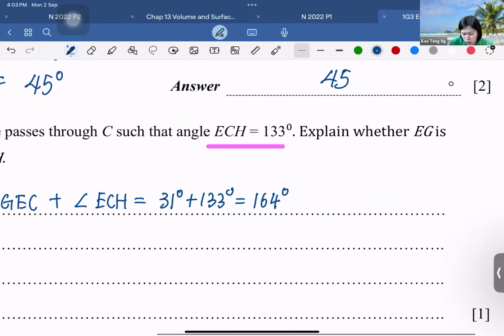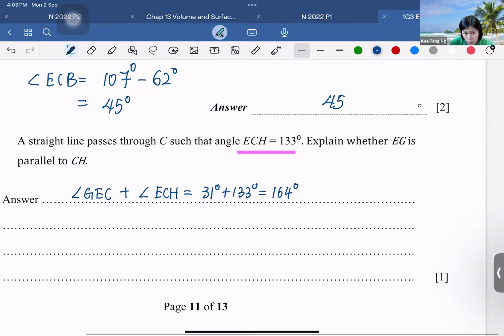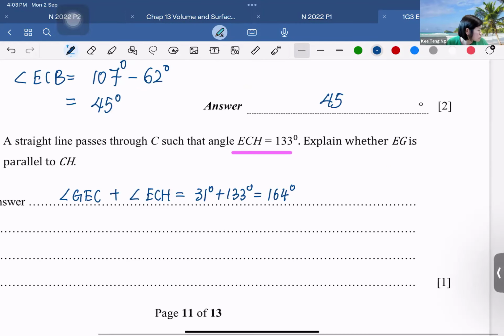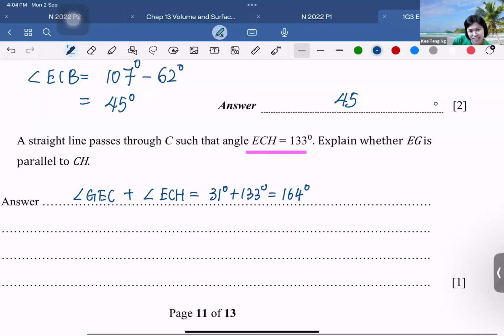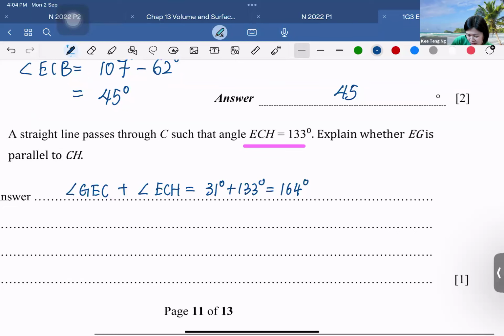What else do I need to write to continue this statement? Just now you told me it does not equal 180. How to write not equal to 180 in mathematical symbol? Come on. Yes, thank you, Samuel.